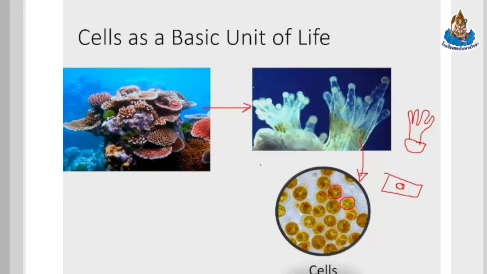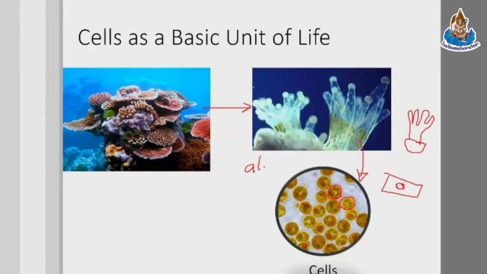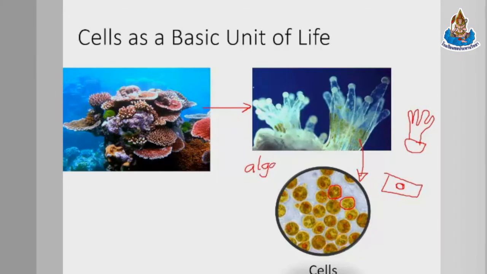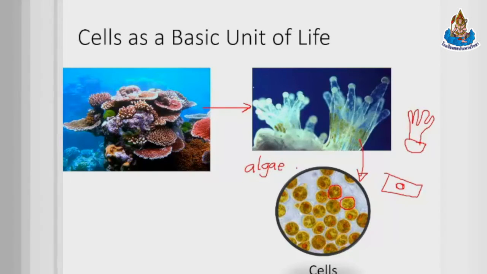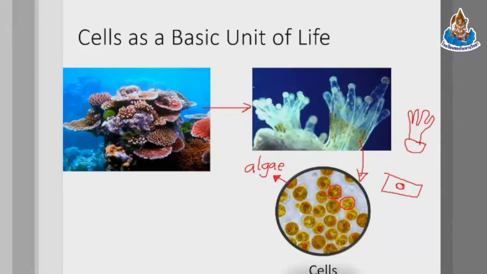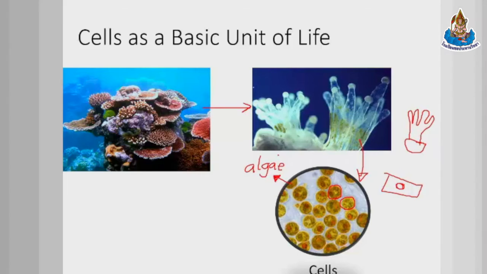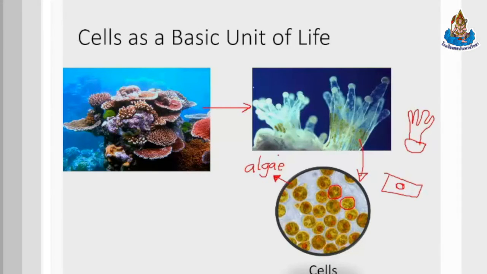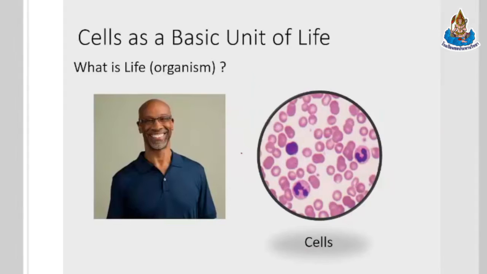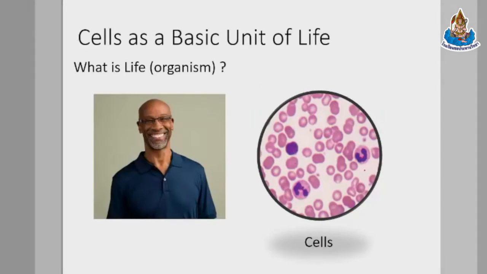Each circle is one cell. Actually, the cell that you see here is algae that lives in coral and makes the color for coral.